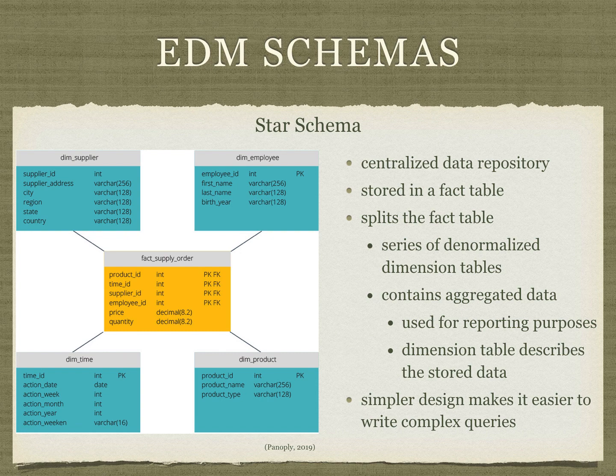It splits the fact table into a series of denormalized dimension tables. It contains aggregated data used for reporting purposes. The dimension table describes the stored data contained within it. It has a simpler design, making it easier to write complex queries.